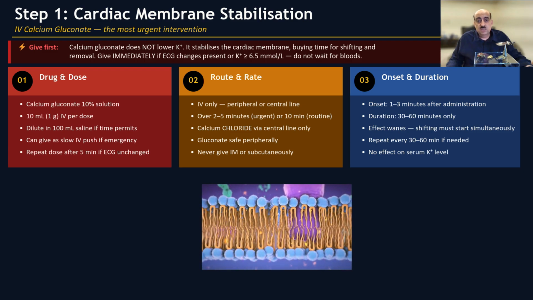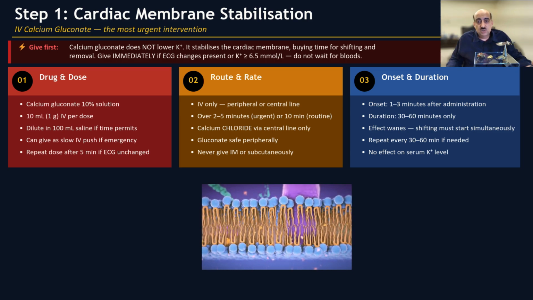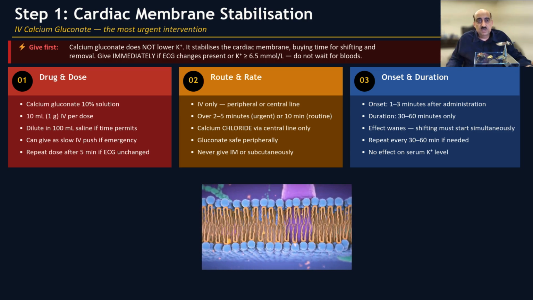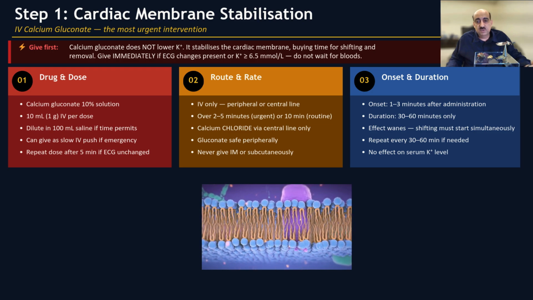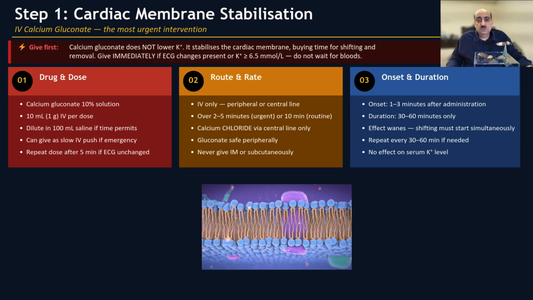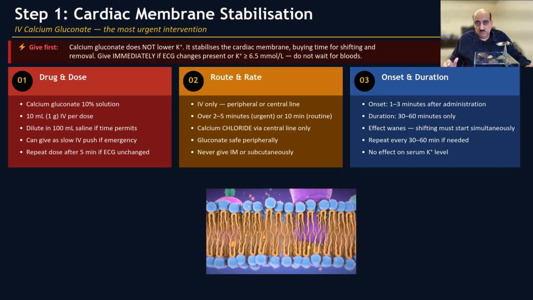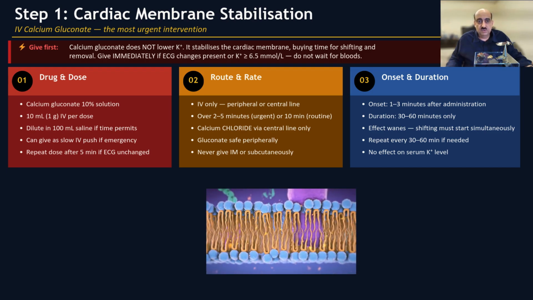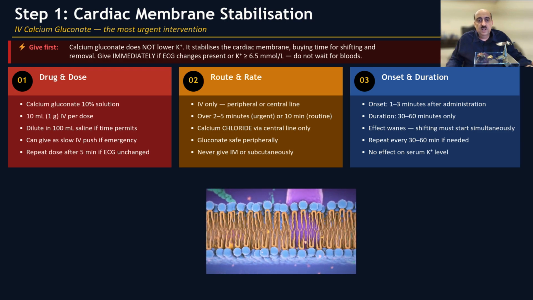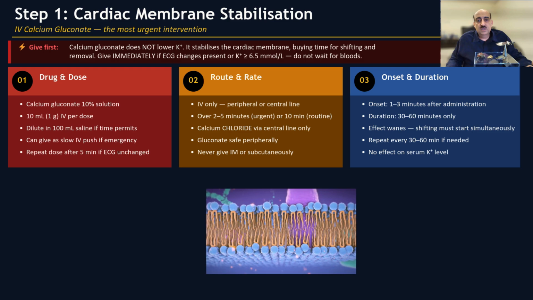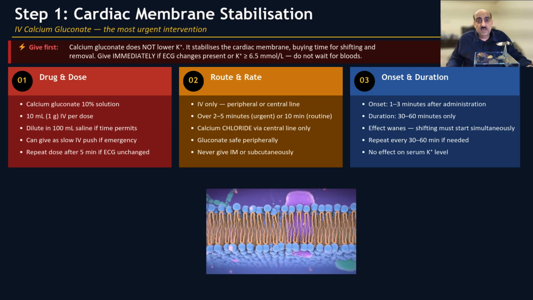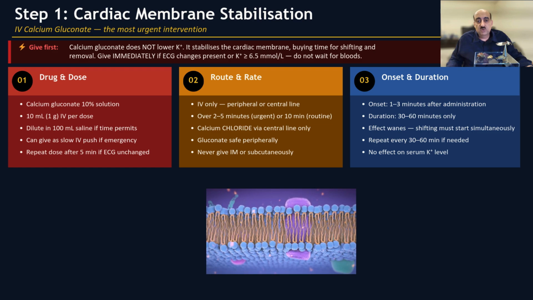It works within a very short amount of time, within 1 to 3 minutes, but it doesn't last more than 60 minutes, and the effect usually wanes after that. So you have to remove the potassium from the body, plus shifting intracellular potassium is a key priority here. In case you have a central line or a big line, then calcium chloride can be considered.